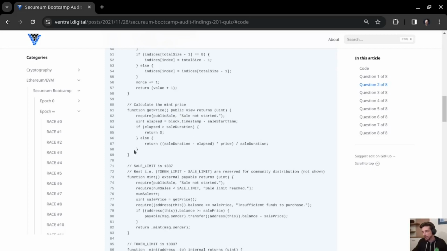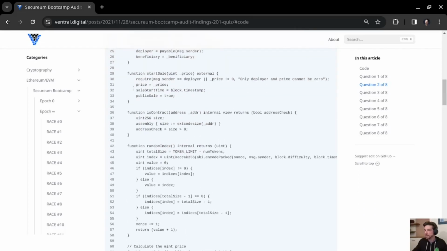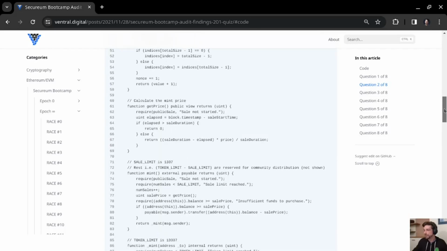Then looking at the function itself, we can see that we have the current block timestamp, from which we subtract the sale start time. The sale start time is set also with the block.timestamp from when the start sale function is called. So therefore, this sale start time will always contain an old block timestamp.